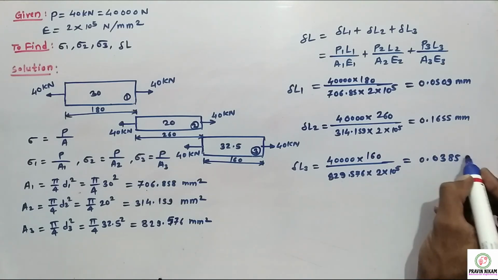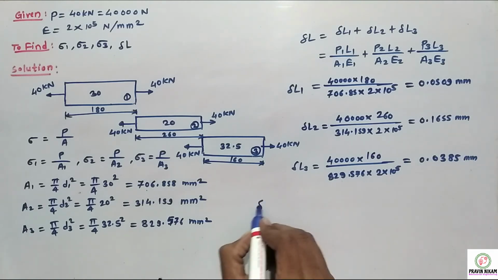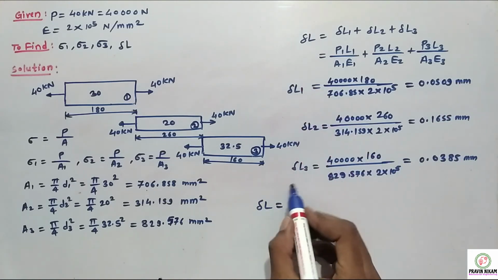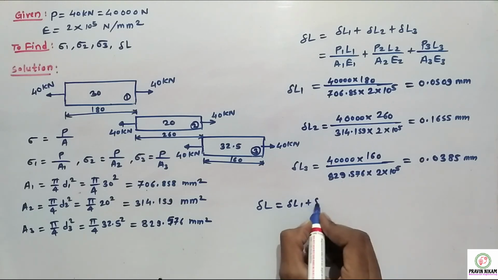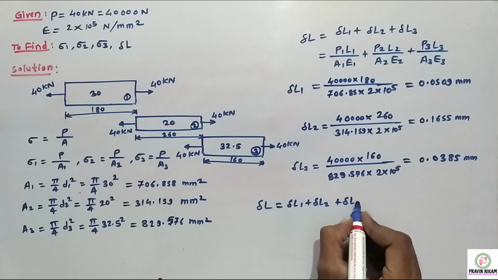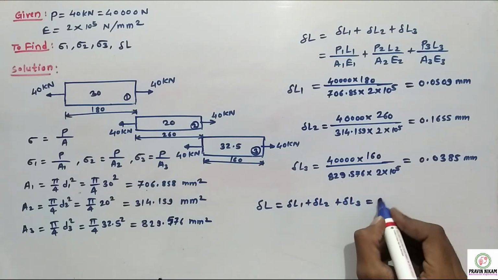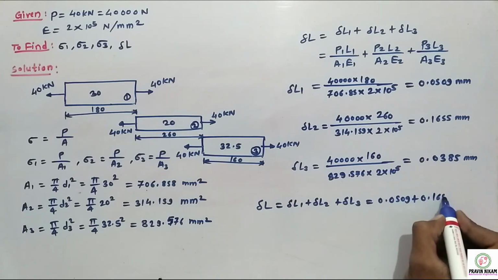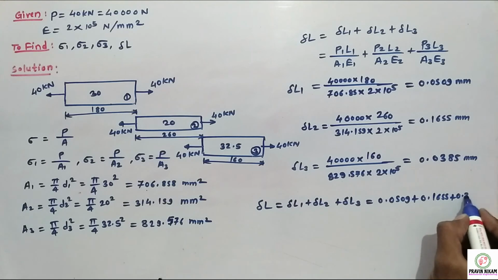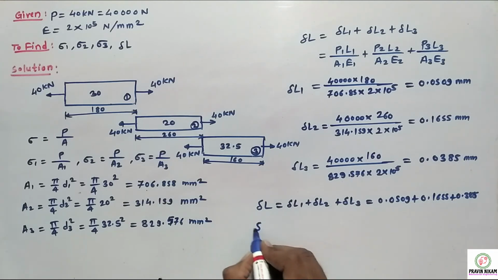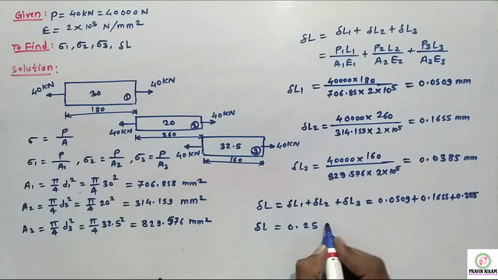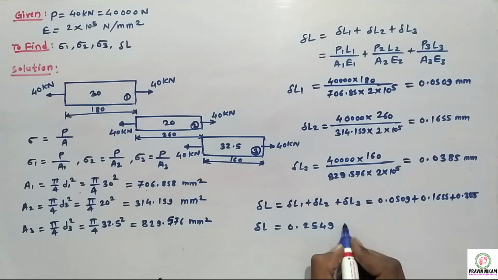Now total delta L is equal to summation of these three. So delta L1 plus delta L2 plus delta L3 becomes 0.0509 plus 0.1655 plus 0.0385. So this is equal to 0.2549 mm.